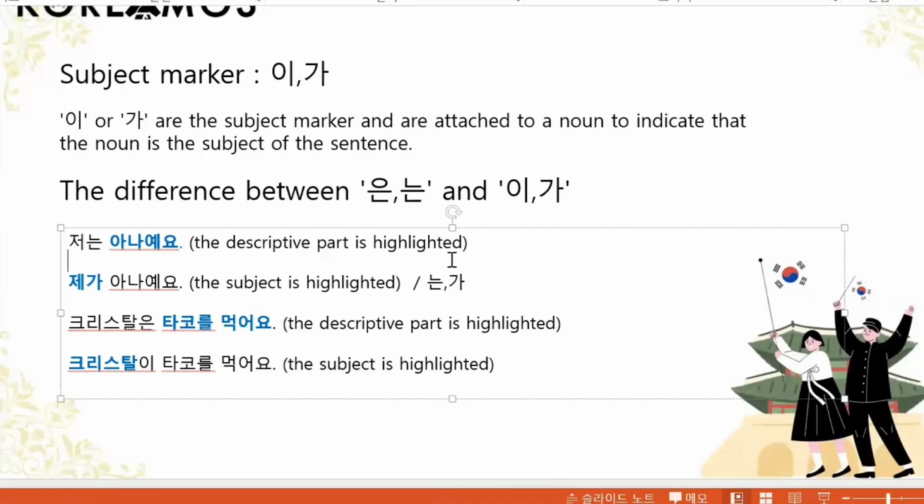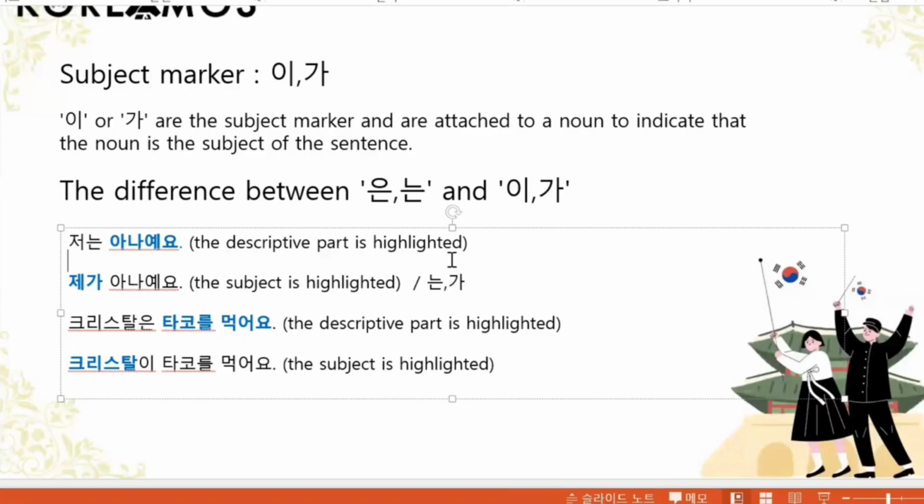However, the second case, 제가 아나예요, is like I'm checking the attendance list, calling the names one by one. Jordan, Thomas, Rosario, Anna. Who is Anna? Where is Anna? Then one girl raises her hand: "I am Anna."